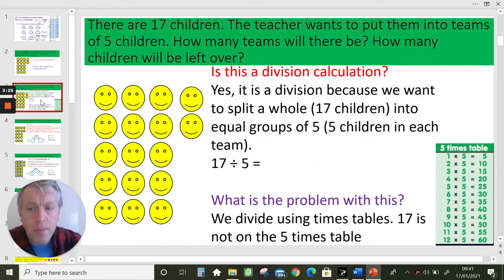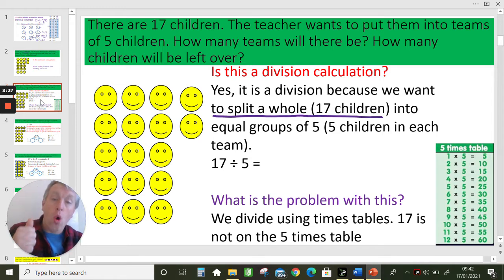Okay, well, it is a division calculation because when we divide, we could think about it as wanting to split a whole. Here the whole means all of the children, 17 children, and dividing is splitting a whole into equal groups, groups of the same size.